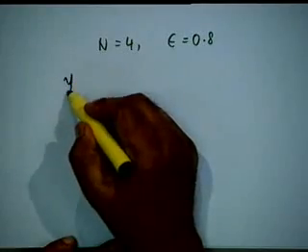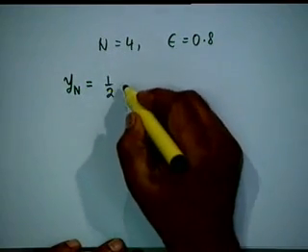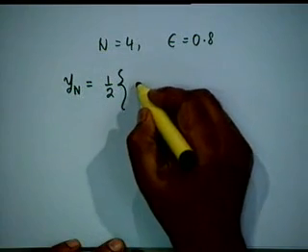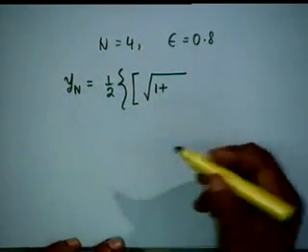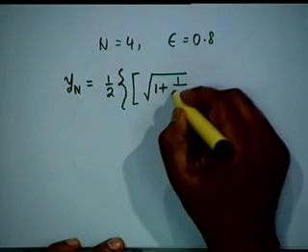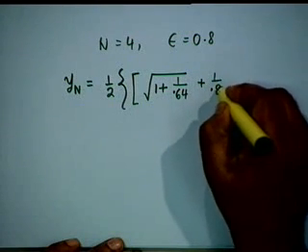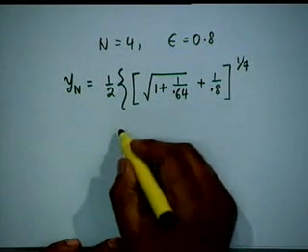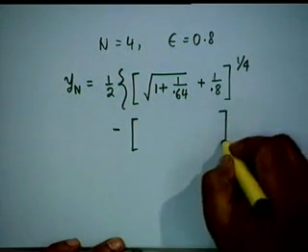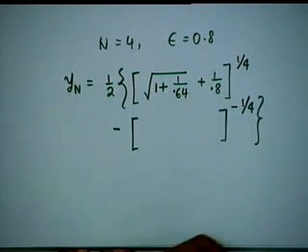First you find out Yn. Yn is equal to half of the square root of 1 plus 1 by epsilon squared, that is 1 by 0.64, plus 1 by 0.8, to the power 1/4, minus the same quantity to the power minus 1/4. Requires a little bit of calculations, do not get mixed.